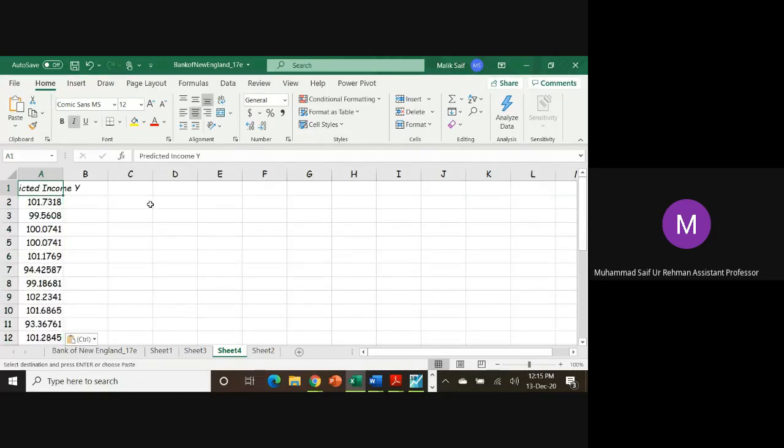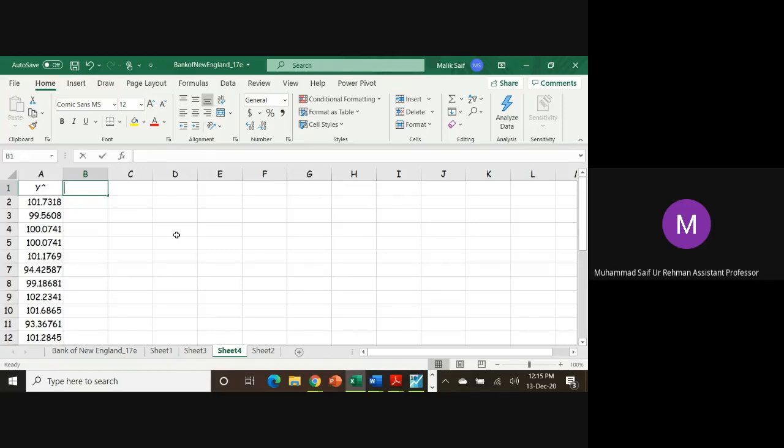This is y hat, and you have to have the square of this term.